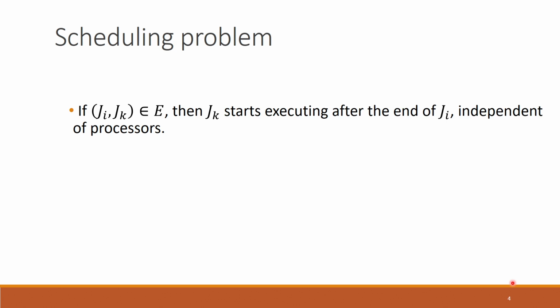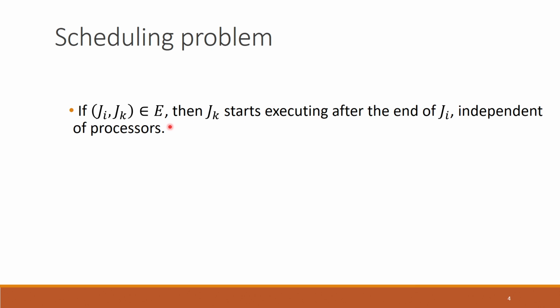Okay, let us discuss another constraint here. If you remember, I had specified this set capital E. This set capital E is representing precedence relations between different tasks, okay. So, if there is an edge that starts from task ji and ends in task jk, then there is a condition that task jk should only start when task ji is completely executed, okay, and this condition should hold regardless of the processor on which you are executing this.